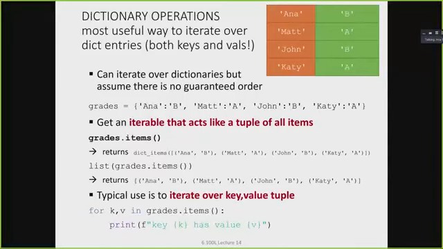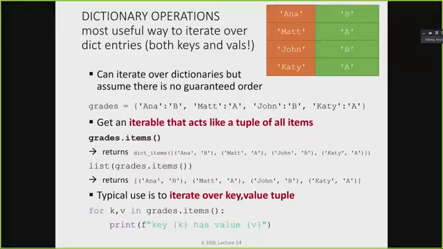Which means, and this is the important part, that we can do something like this. And we can do this for the previous slide as well. But for this particular grades.items iteration, if we're grabbing a key-value pair out of items, that means we can do something like this. For k comma v in grades.items means that Python will map k to the key for that entry and v to the value for that entry as I'm iterating over each one of these pairs.